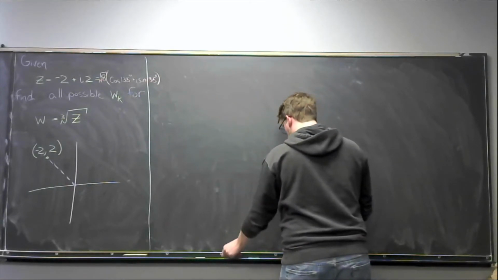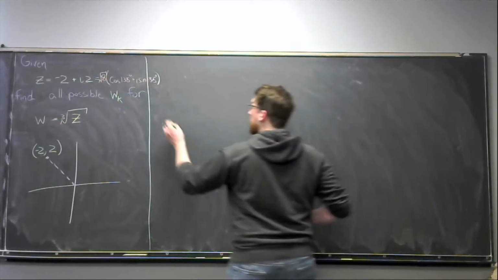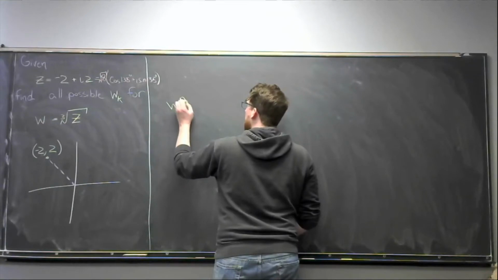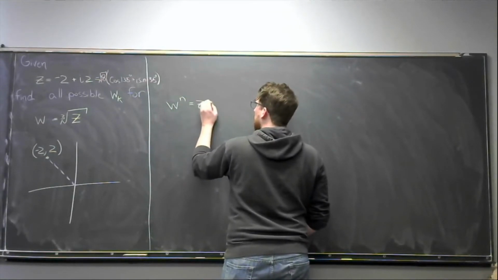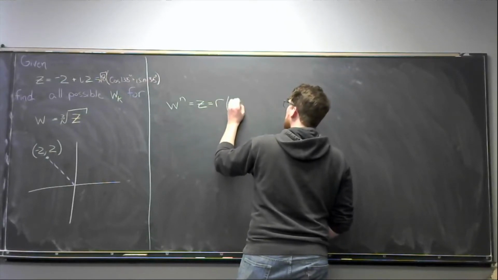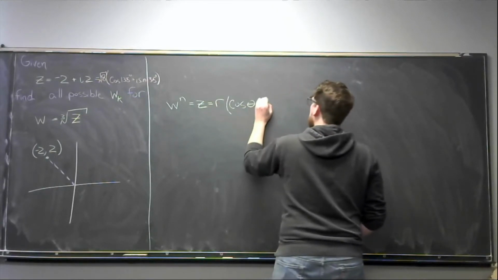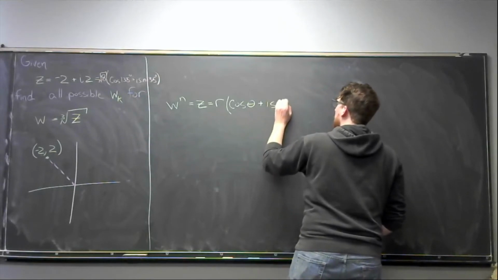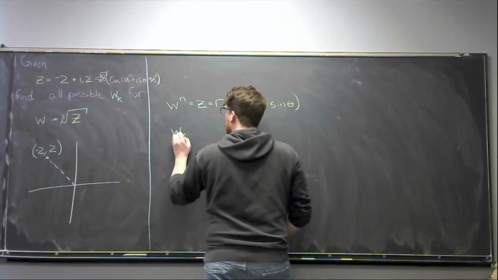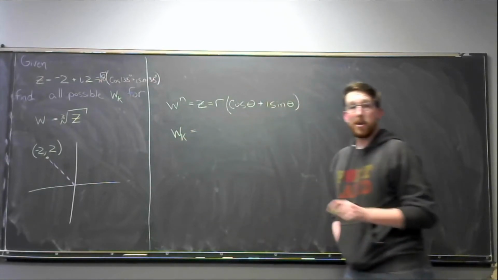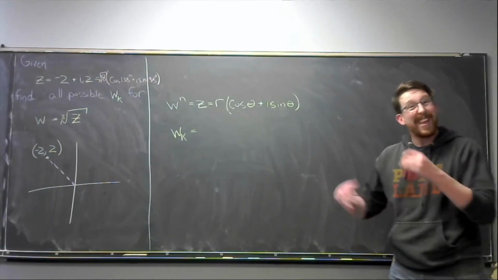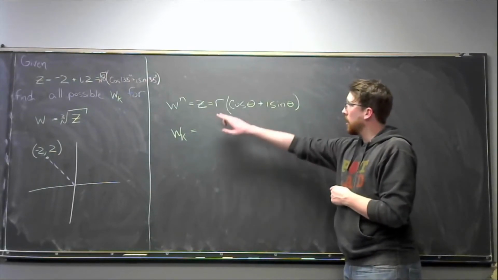A minute ago, we had seen that if w to the n is equal to z, and z is r times cosine theta plus i sine theta, then w can be a whole bunch of values. It can be many different answers. We can have n different w's to give us z.